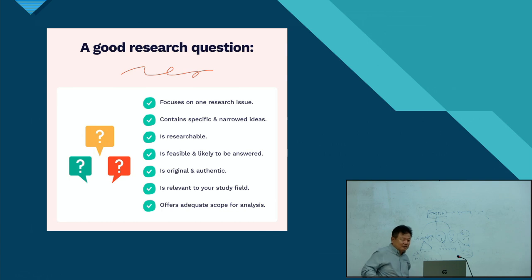A narrow idea is okay, also a very specific area. It's not complex. And also a good research question is researchable. Researchable means I can calculate. That's why we find it very difficult to scale.